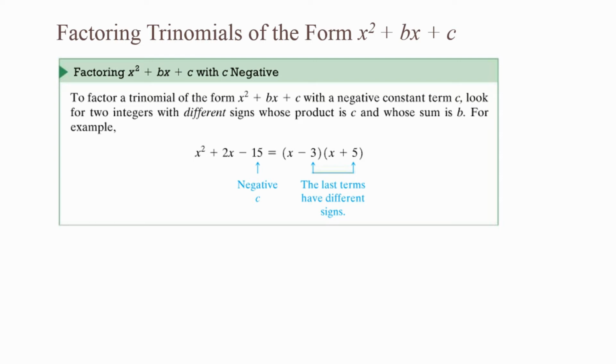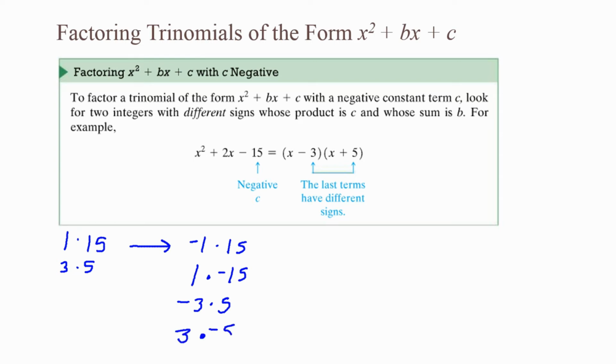My factors for 15 are 1 times 15 and 3 times 5. Now, to make those a negative 15, I would have negative 1 times a positive 15, or a positive 1 times a negative 15, a negative 3 times a positive 5, or a positive 3 times a negative 5.